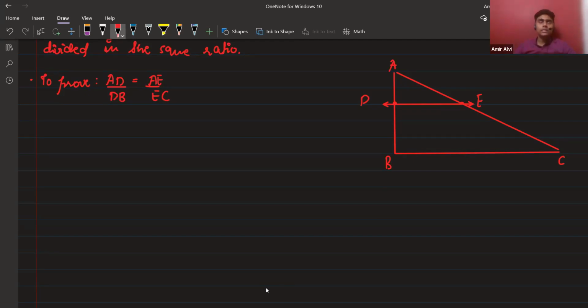I think this chapter has been omitted this year. So there was a chapter, and that theorem was that, just keep it in your mind: if the triangles are on the same base and between the same parallel lines, they have the same area. Clear?